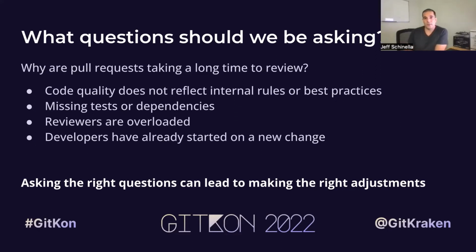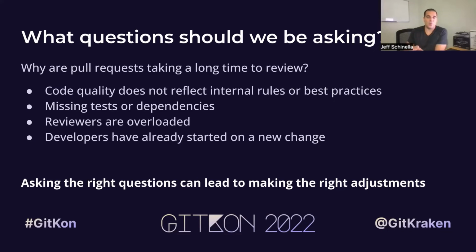Generally speaking, we've found that sometimes certain reviewers are way overloaded, or even developers who are working on so many different projects have no time to even do one or two reviews because they're trying to get their work done. And context switching is a huge issue, right? You've started on a new change, which leads you to sort of forget or ignore changes that you worked on from a week or so ago.